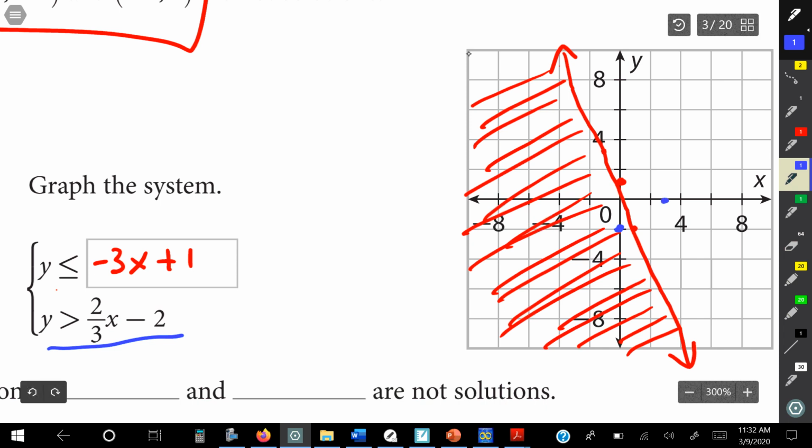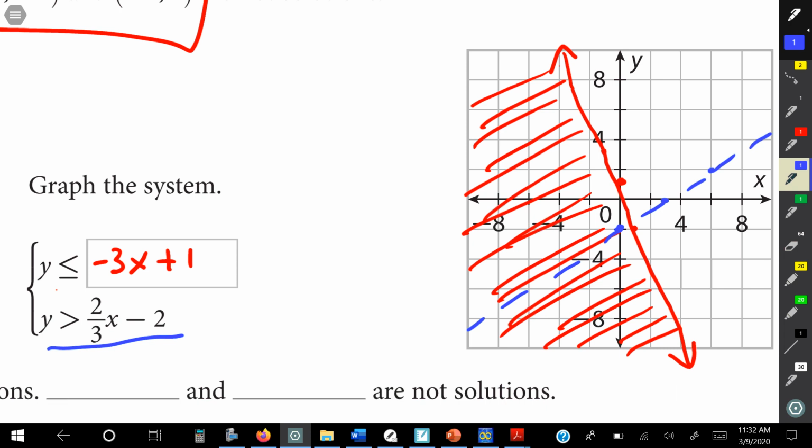Go up 1, 2, and then go to the right 1, 2, 3. And since this is not equal to, we're going to put a dash line. Okay, and since it's greater than, we're going to shade above.